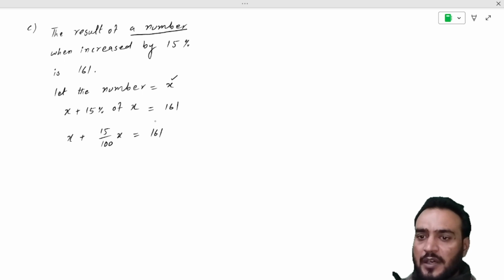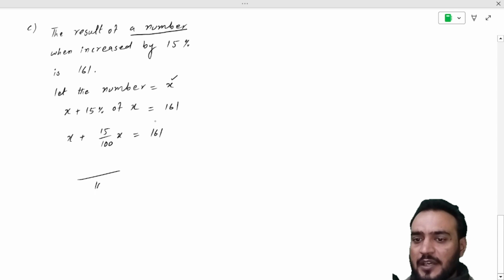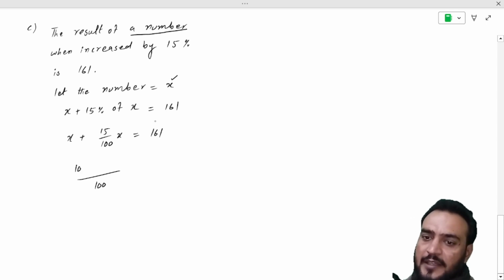So now let us take the LCM of it. The LCM is 100. So 100x plus 15x over 100 is equal to 161. 115x over 100 equals 161.